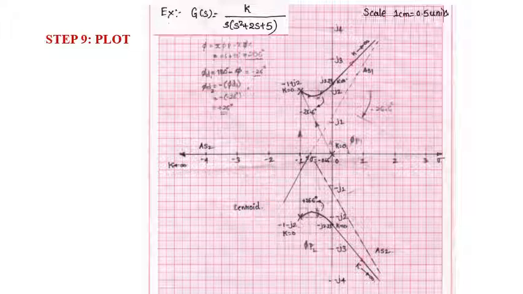As we have a pole here, here one pole, here the second pole, and here the third pole. So from this pole itself, draw a straight line. We will be drawing the line like this, and from this one draw a straight line.